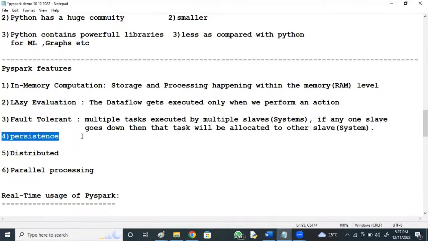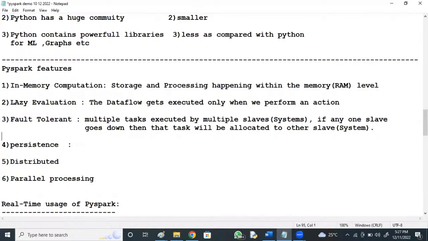Persistence means any transformation in Spark can be reused. It's a feature of Spark.